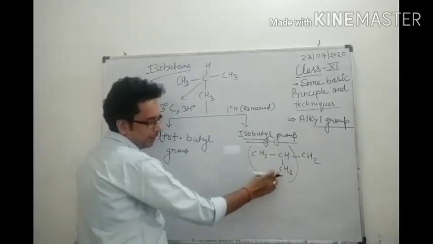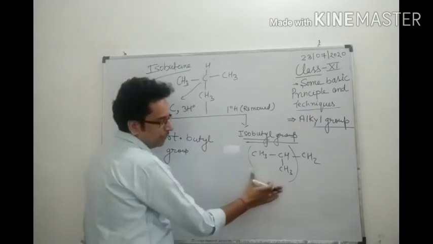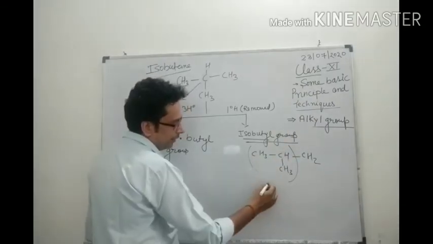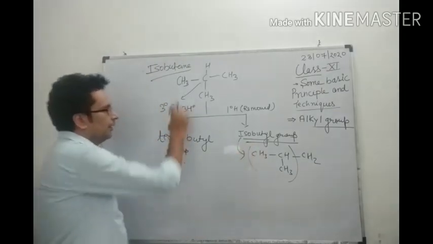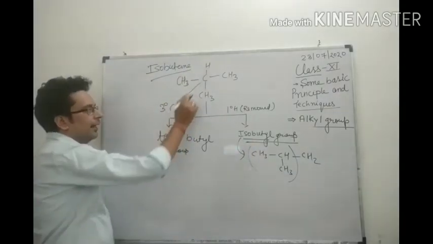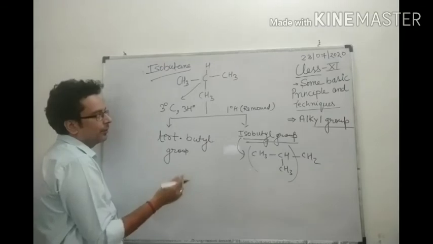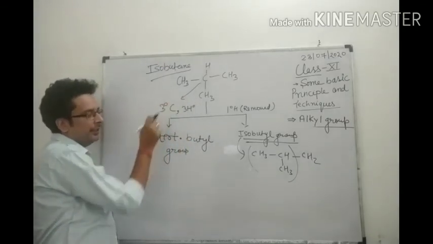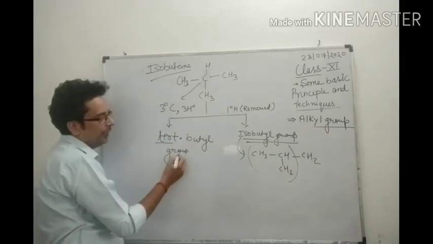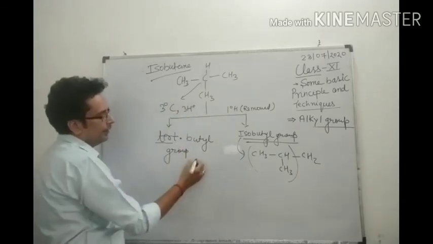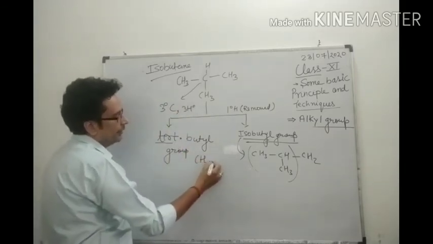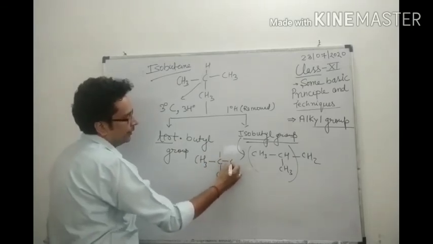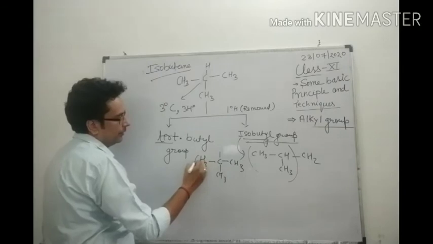The second carbon contains 1 methyl group, so this is iso, and the total number of carbons is 1, 2, 3, 4. That is why it is known as isobutyl. Now if you remove a 3 degree hydrogen from a 3 degree carbon, that is why it is known as tertiary butyl group, and the structure is CH3, CH3, CH3.